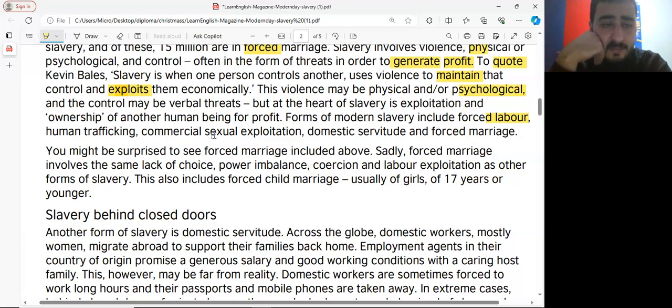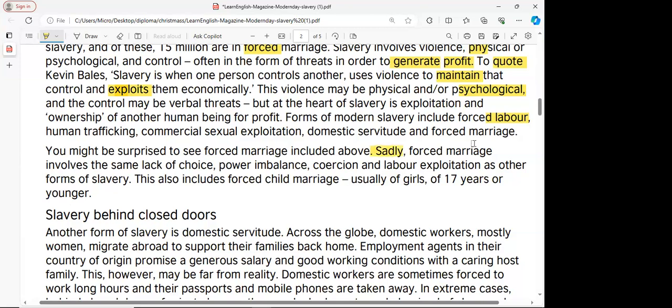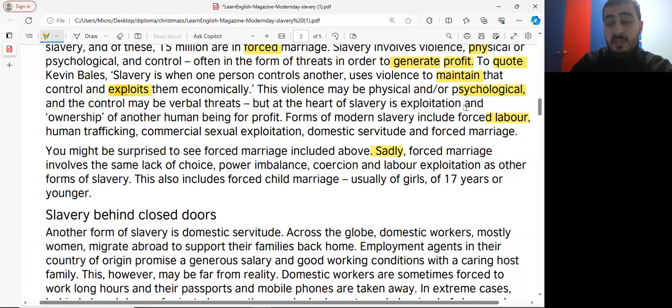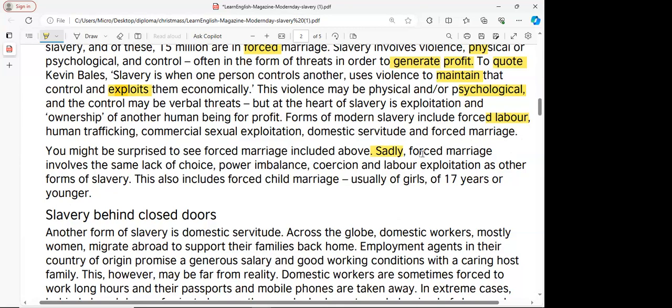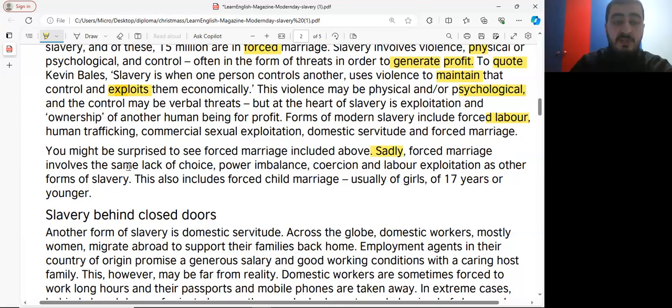يعني للأسف forced marriage includes, sadly، بشكل حزين. ظرف sadly. قلت لك الواي بالعادة بتحولها لظرف حال. Sadly, forced marriage involves the same lack of choice. ما في options، ما في حدا يختار.